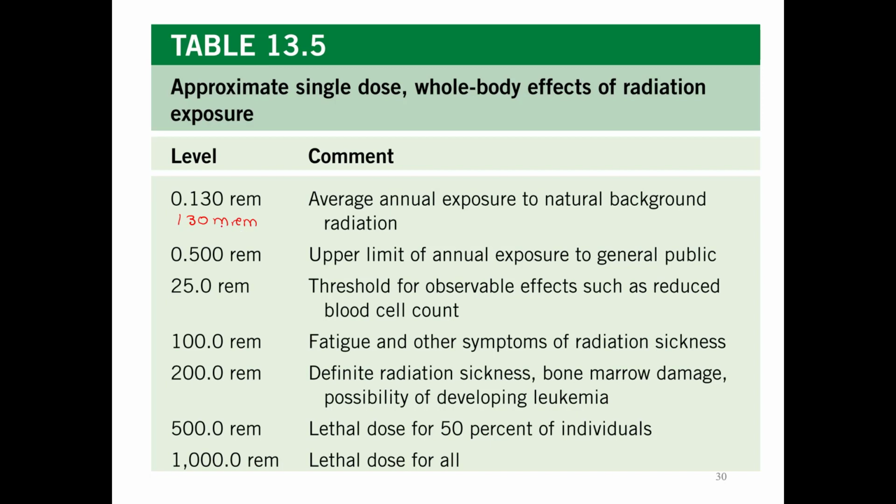This is the radiation we receive from the sun, from the computers, from the phones. Everything at a temperature higher than 0 Kelvin emits some radiation, and all that radiation we receive is called the natural background radiation. But the upper limit of annual radiation exposure is about 0.5 REM, or the same as 500 millirems.